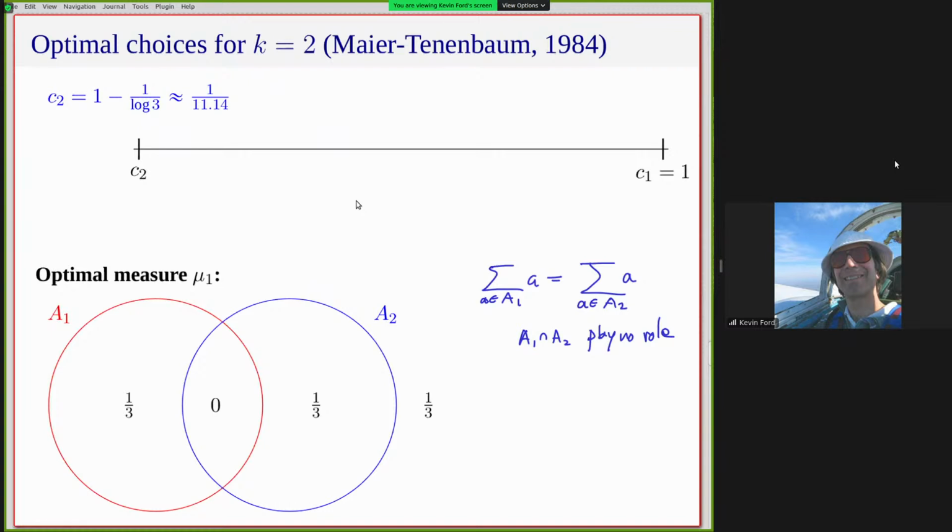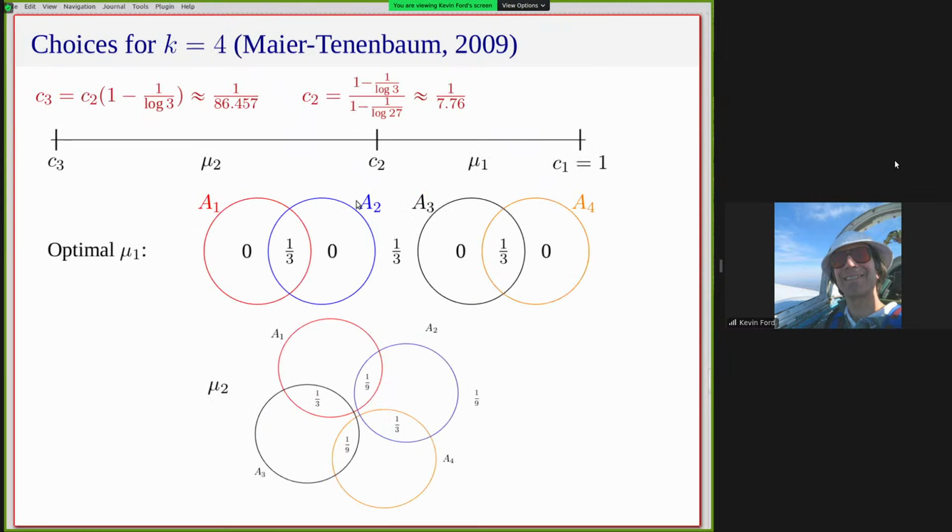Okay, and Maier-Tenenbaum exploited that in their later work, which I've illustrated here in the case of k equals 4. So that corresponds to two intervals, two measures. Okay, the top measure is pretty well understood.